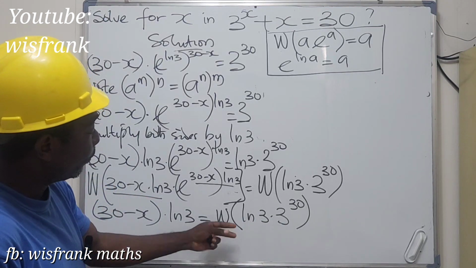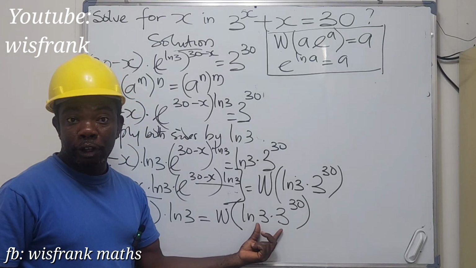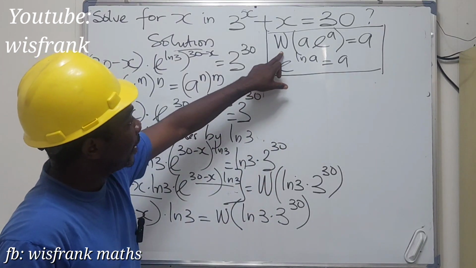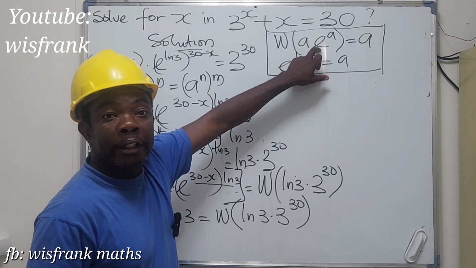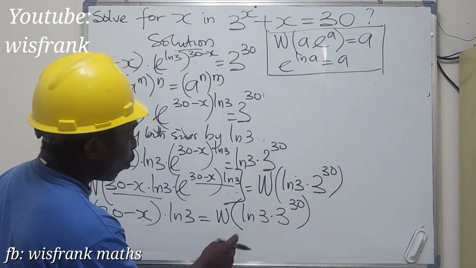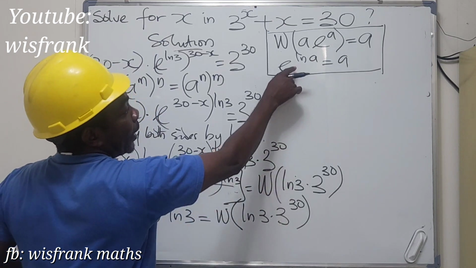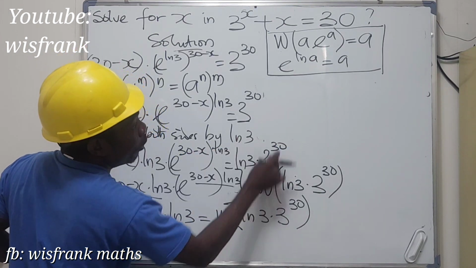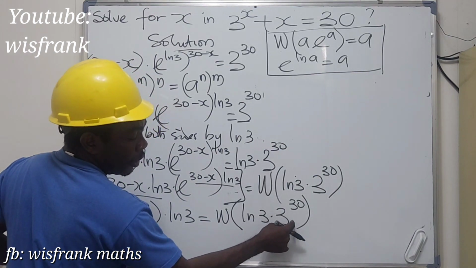So what we have now, we need to express this for us to evaluate the Lambert W function of this other side. We need to express it in this format, so that the product is what we have on the exponent value. So what do we have now? We need to replace this 3 by e to the power of ln of 3, which will give us this 3.